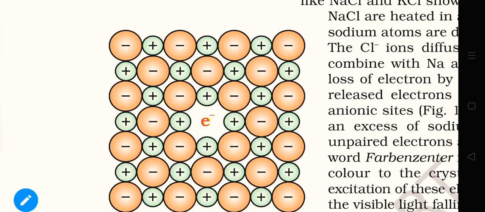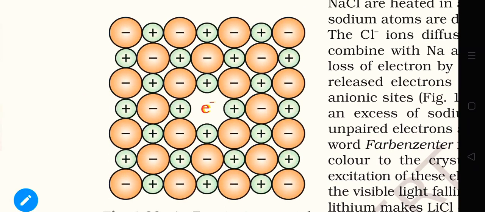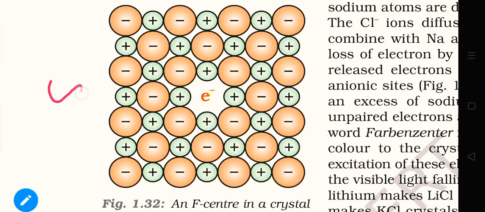Now why do these defects show color? Because when visible light falls on this compound, these electrons will absorb some of the energy from that light, and the remaining light will be observed as the color of the substance.